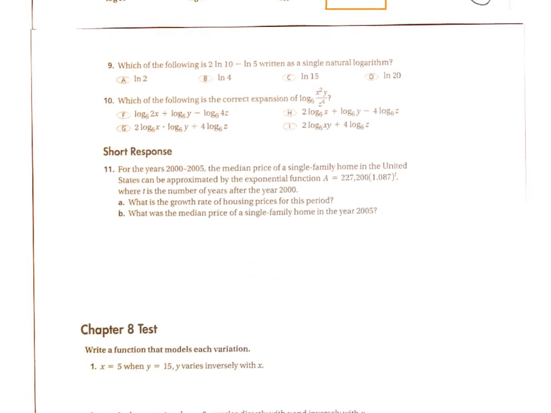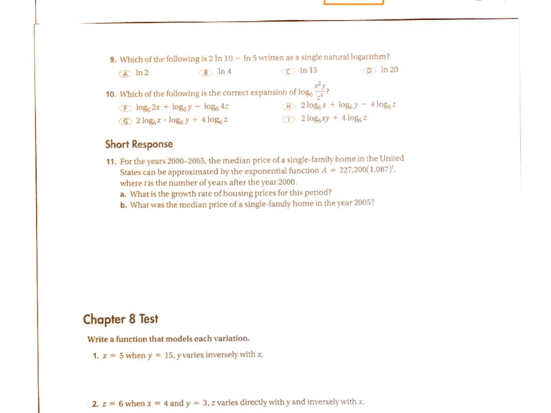Okay. Next page. It says which of the following is 2 times the natural log of 10 minus the natural log of 5, written as a single natural logarithm. Remember, this becomes an exponent, and then subtraction means division.